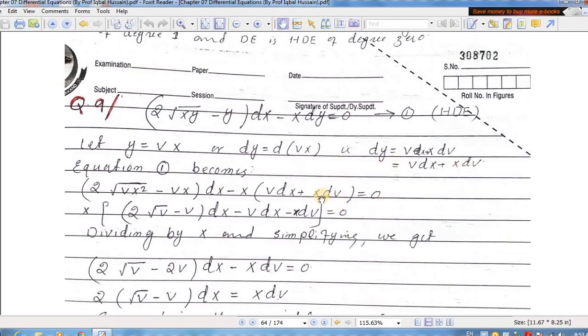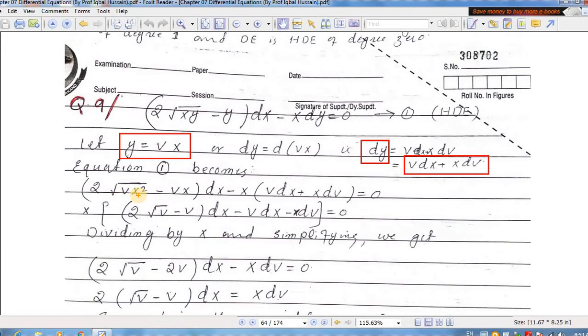Now putting the values in the differential equation. Here we have the value of y. We will put this value of y in the differential equation. Similarly, we will put the value of dy, which is equal to this one. Equation 1 becomes, by putting the highlighted values, now taking x common.